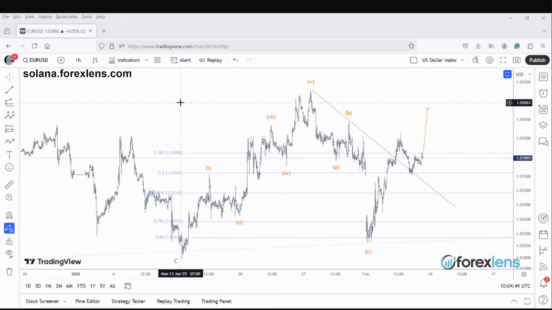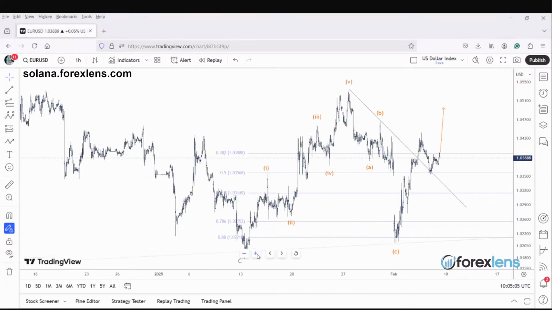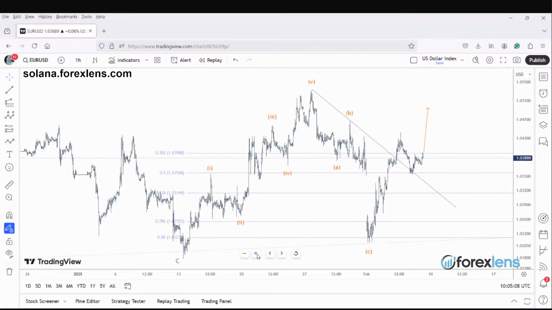We are just about three and a half hours away from a good amount of noise in the form of NFPs. So there could be some price movement against our trades as well for a moment. Let's see how it's shaping up.